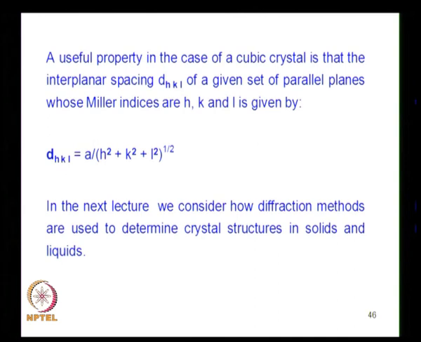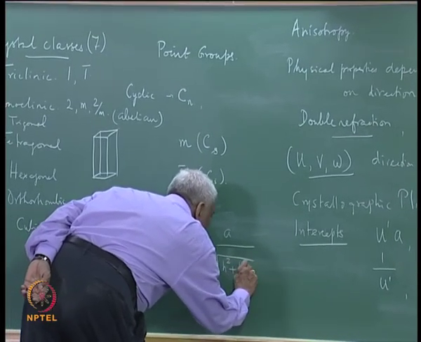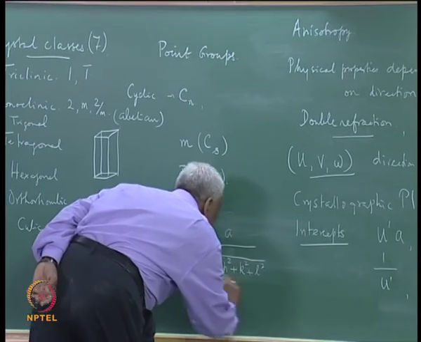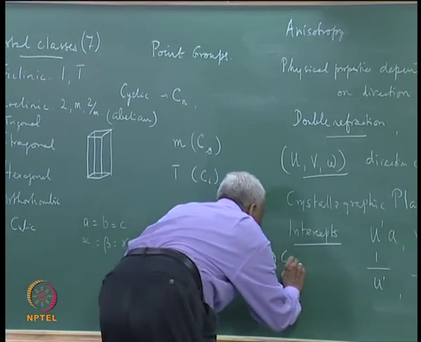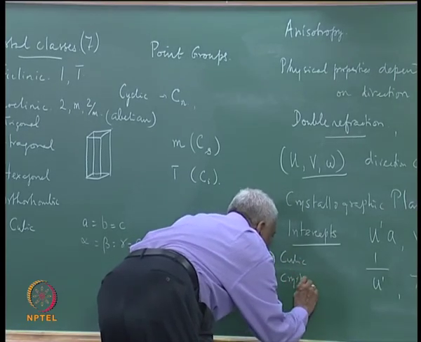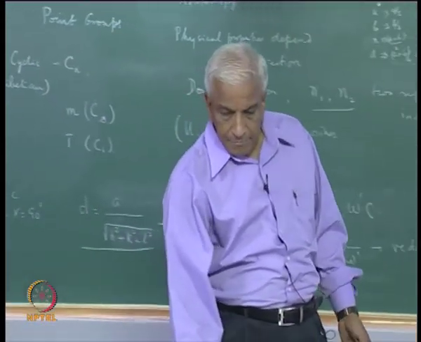One useful property for a cubic crystal is that the interplanar spacing is the lattice parameter divided by the square root of h square plus k square plus l square. So, this is a very useful relation to keep in mind for a cubic solid.